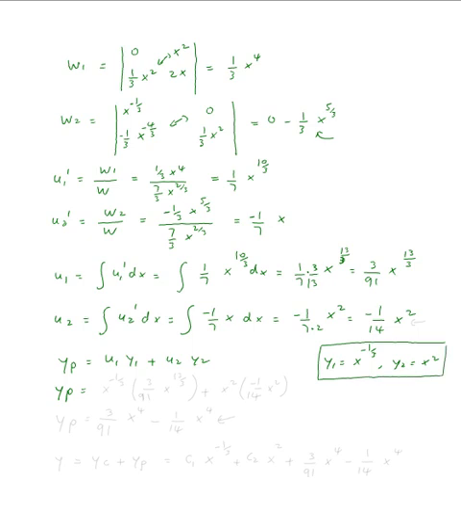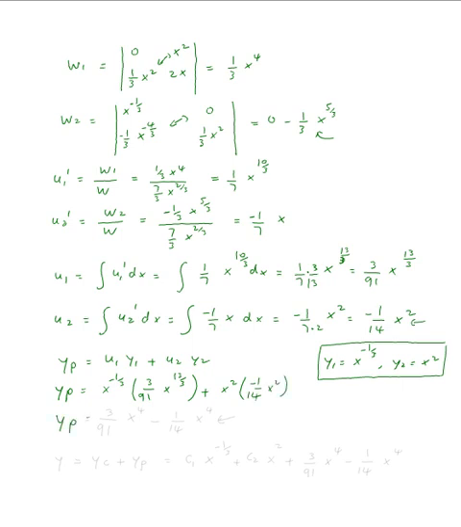So yp will be equal to x to the negative 1/3 times u1, which is 3 over 91 x to the 13 over 3, plus x squared times u2, which is negative 1 over 14 x squared.